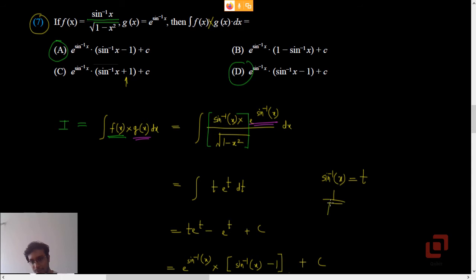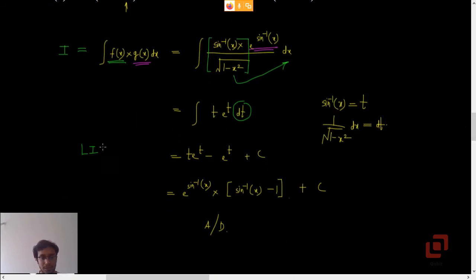So 1 upon root of 1 minus x squared dx will be equal to dt. We already have root of 1 minus x squared in the denominator, so that will be taken care of along with dx by the term dt. So it is integral t dt, suddenly an integration by parts problem.